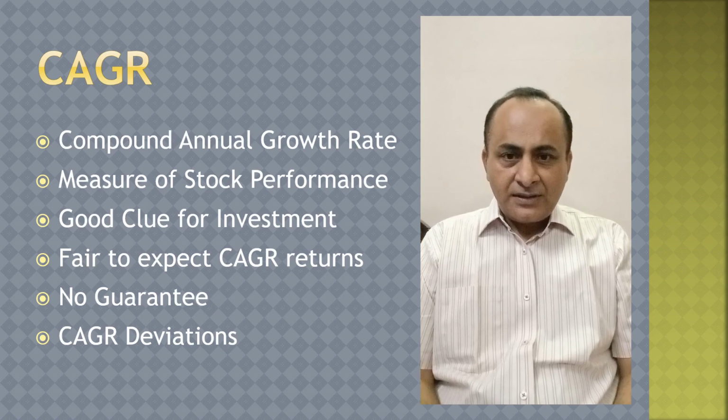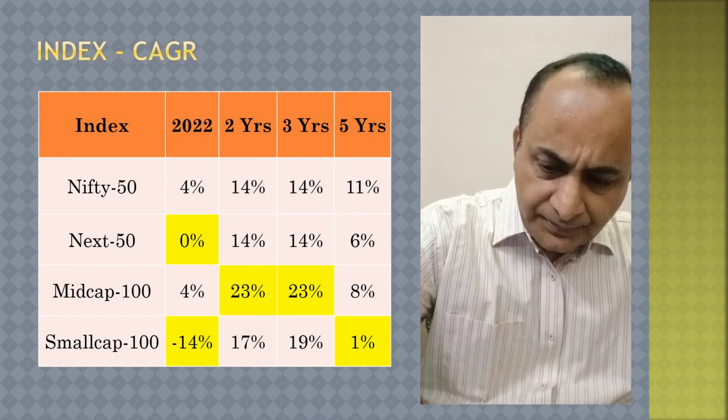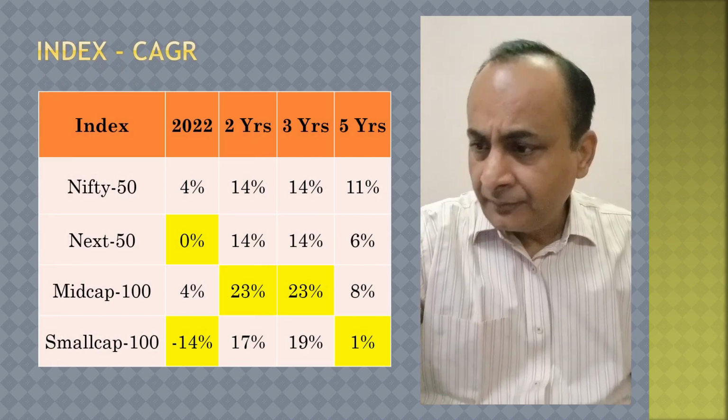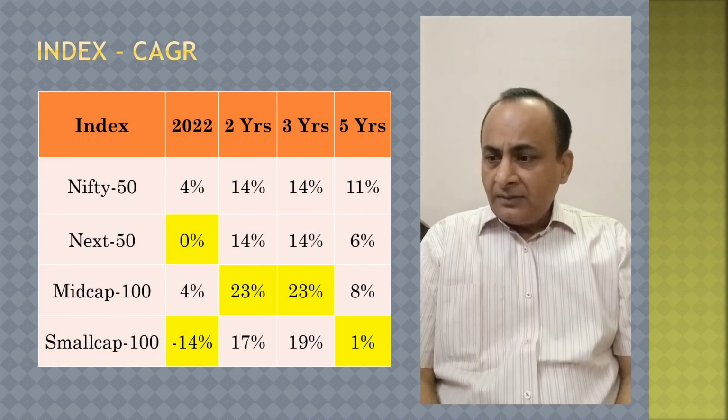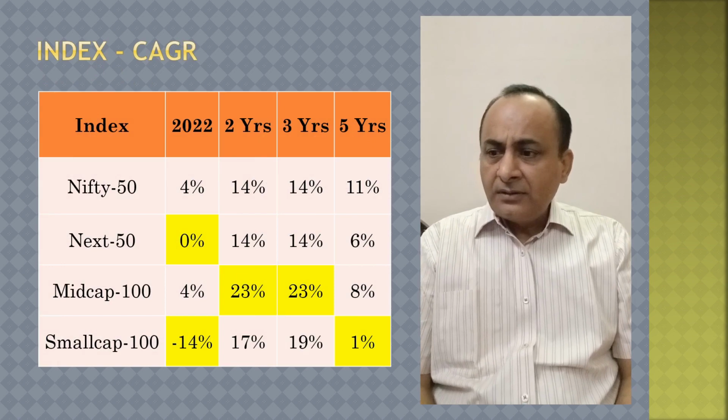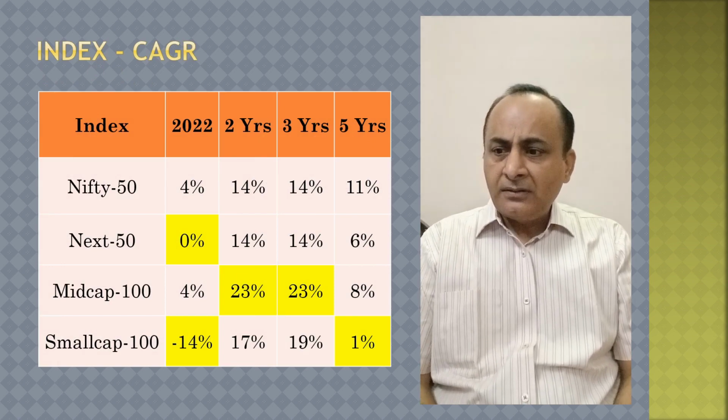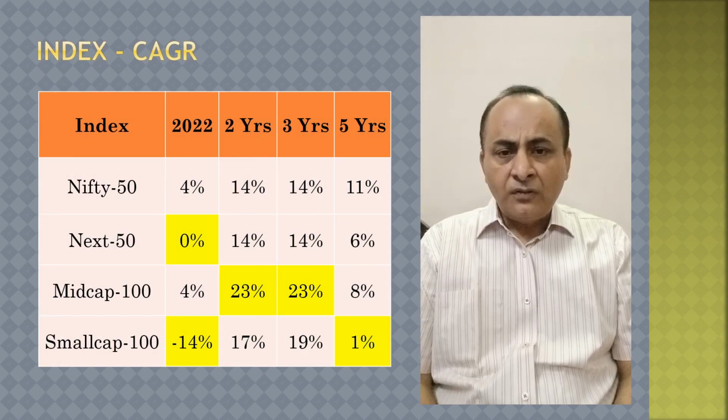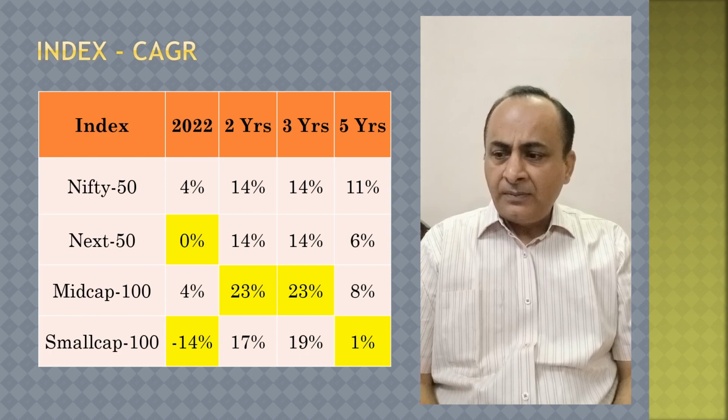So let's discuss CAGR of all the indexes we have in the Indian stock market. This is a table which shows CAGR of different time ranges for all four indexes: Nifty, Next 50, Mid Cap, Small Cap.